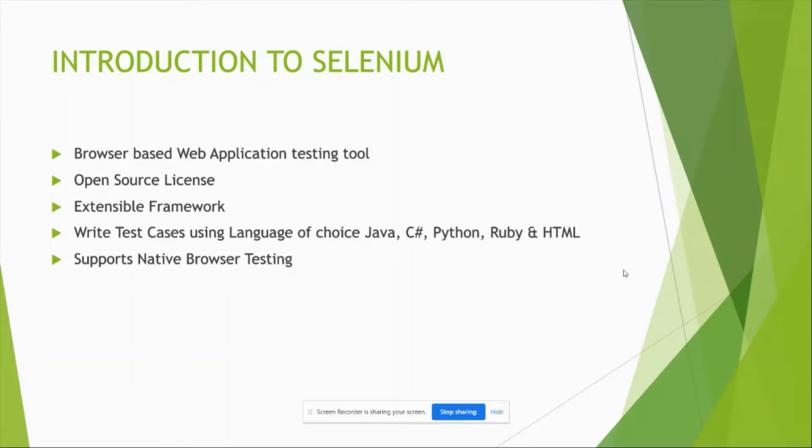It is an extensible framework, which means it has extensive support and extensive features which we can use to automate our web application, and it supports a large number of programming languages. So you can choose any language of your choice. It supports Java, C Sharp, Python, Ruby, HTML, and PHP. So you can pick any of these languages and write the Selenium code.